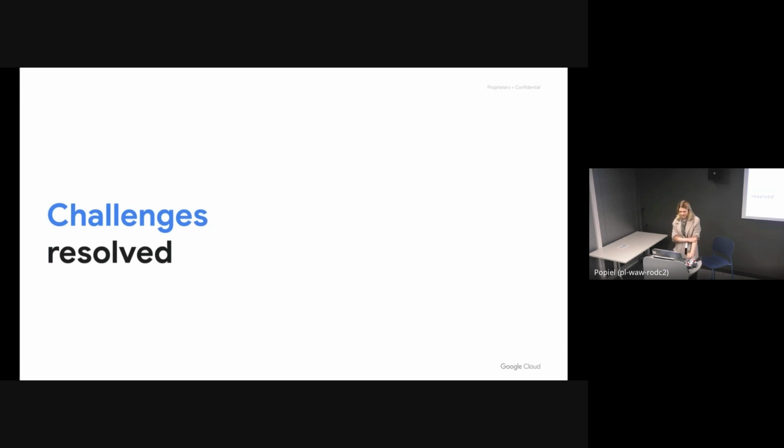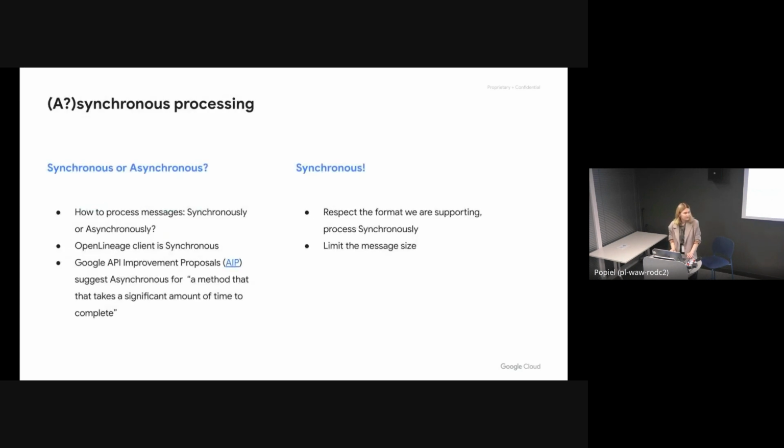So I'll move to the challenges that we faced during development, and as we mostly explored Spark, they will be related to Spark. The first was rather an ambiguity than a huge challenge. When we were defining the API endpoint, we had to listen to two sources of guidelines.